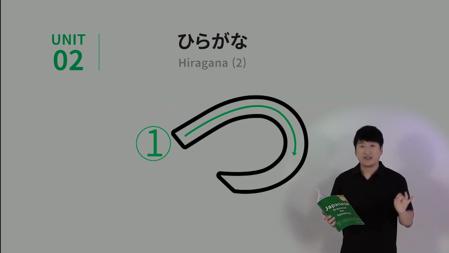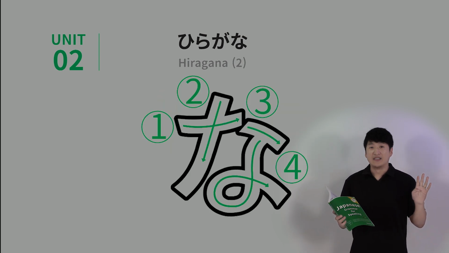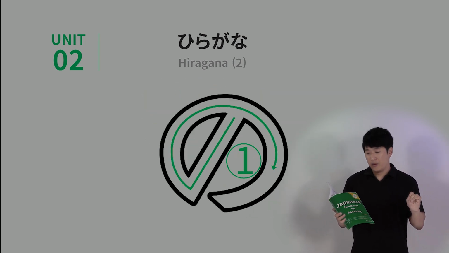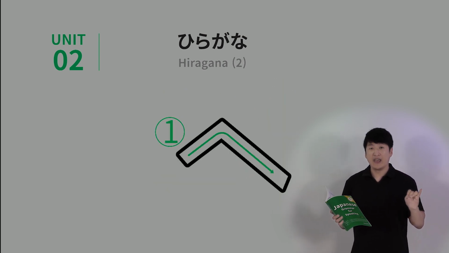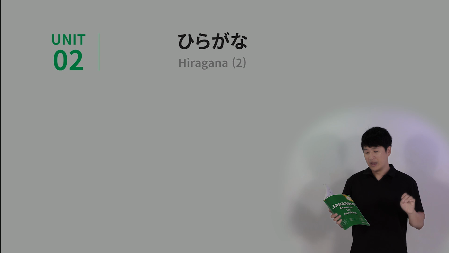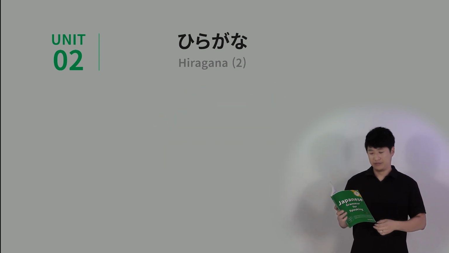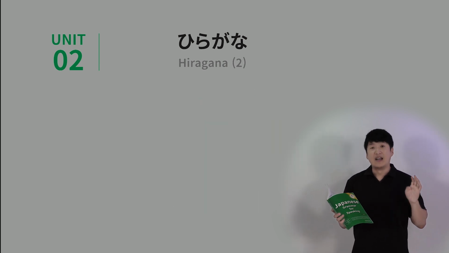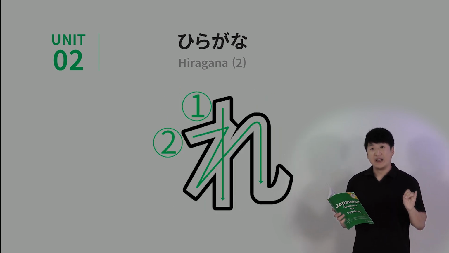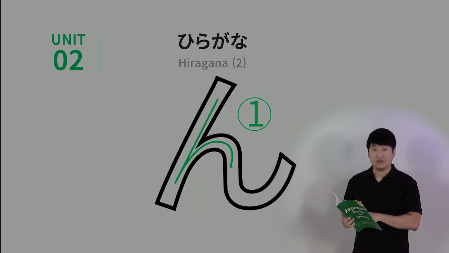Ta, Chi, Tsu, Te, To. Na, Ni, Nu, Ne, No. Ha, Hi, Hu, He, Ho. Ma, Mi, Mu, Me, Mo. Ya, Yu, Yo. Ra, Ri, Ru, Re, Ro. Wa, O.